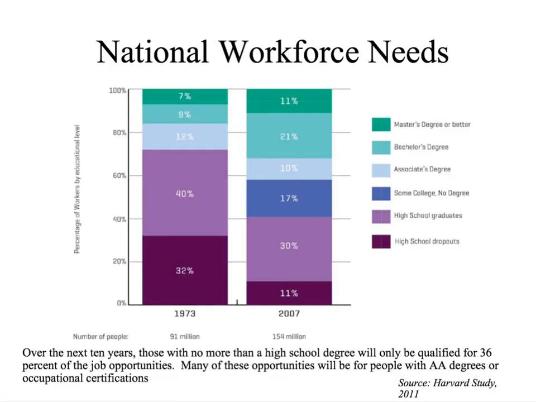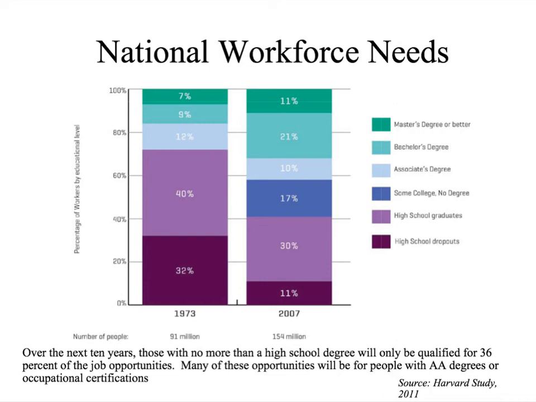So let's take a look at the changing needs of our national workforce. The graph in front of you compares data from 1973 to 2007, charting the jobs out there and the kinds of education they require. The light purple and dark purple are the jobs that a high school graduate or someone with less than a high school diploma could fulfill.